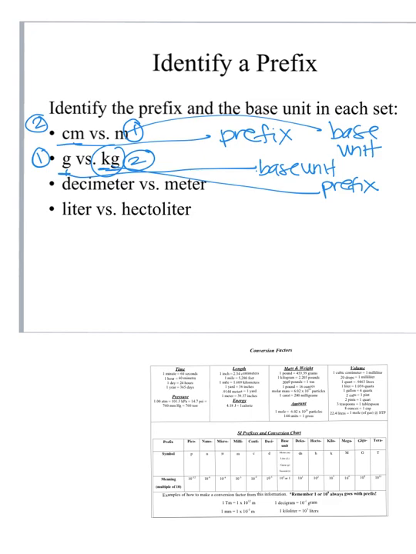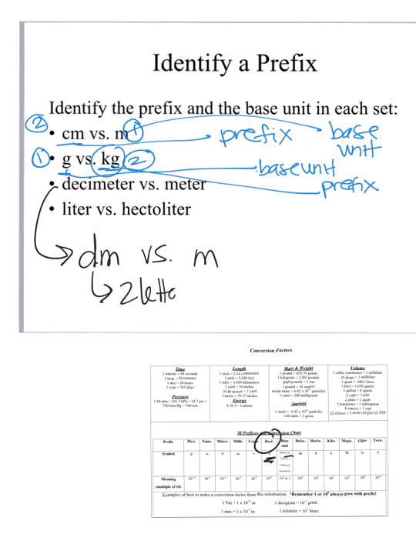So here are some in words, and what I like to do is write them in symbols. So decimeter, if you look down here, deci, you would use a little d, and meters, here's an m, so you have decimeter versus meters. Again, 2 letters means it's the prefix, and this 1 letter is the base unit. Okay, last one.